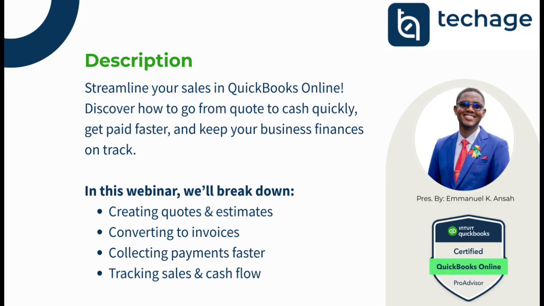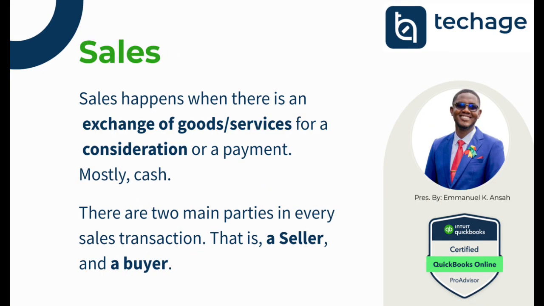We know that in QuickBooks, or even in our businesses, when we talk about sales, sales has to do with the process of exchanging goods or services for payment or for a consideration. So you know that in selling, there are at least two parties involved. That is the seller, and the other party is the buyer.